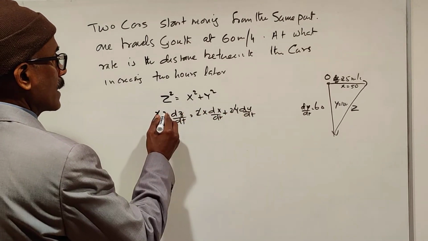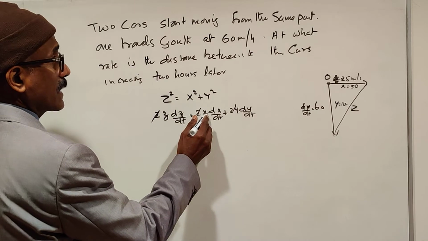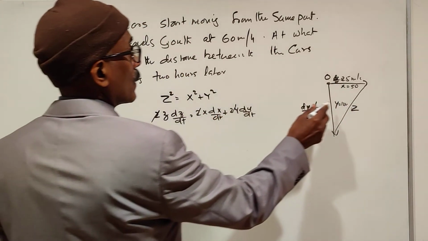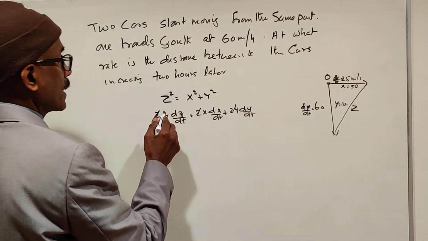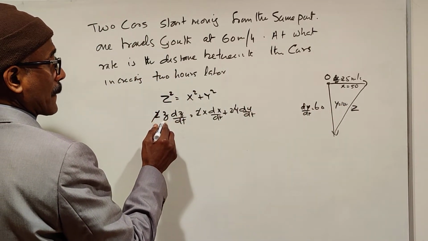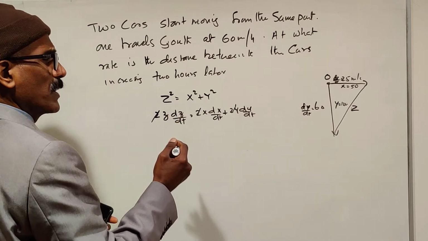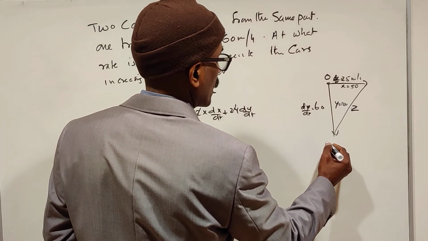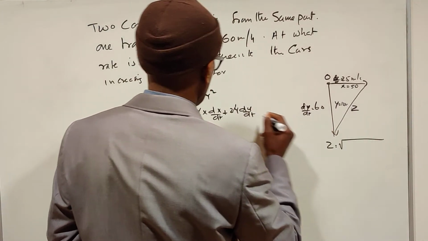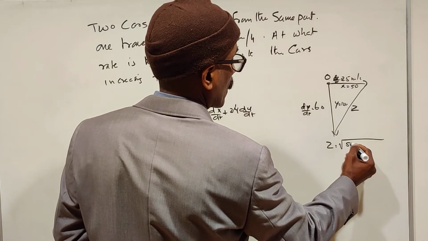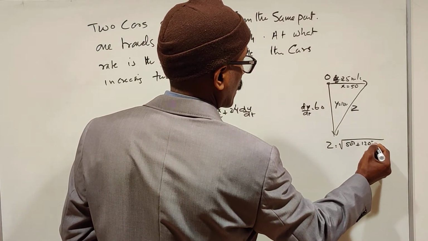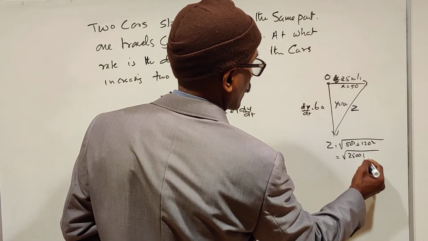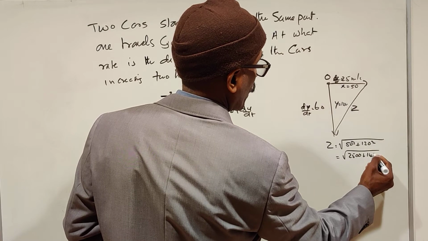Okay, so what is z? We are going to find out z. X is 50, y is 120, then what is z? That is what we need to find out. Z is equal to the square root of 50 square plus 120 square. 50 square is 2500. 120 square is 14400.